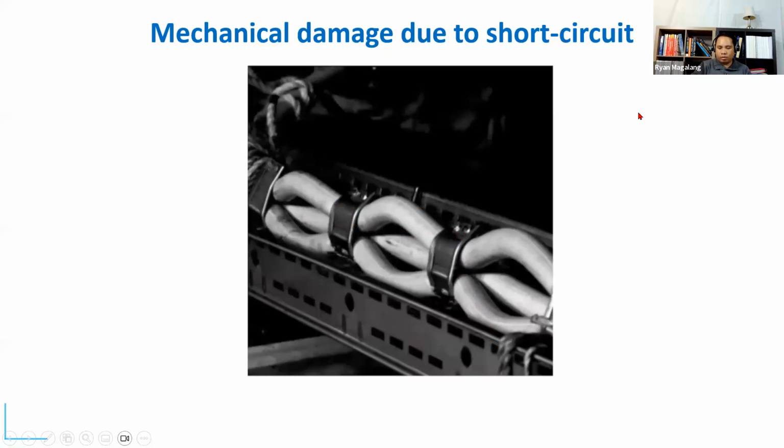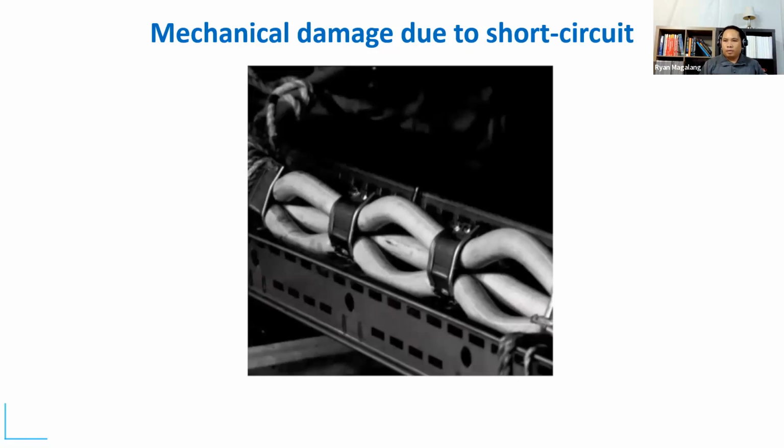Your transformer also has connections in there to secure the windings and your core. They are fastened in place so that they don't move. So imagine that amount of mechanical force happening during a fault.